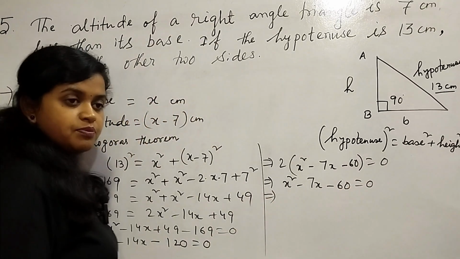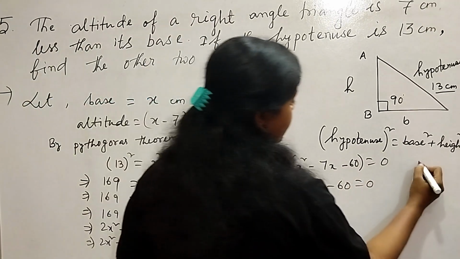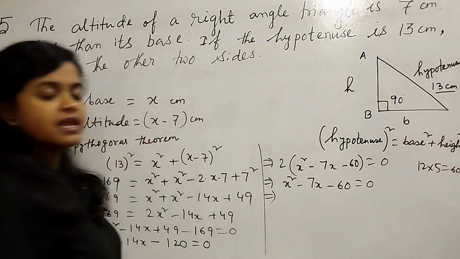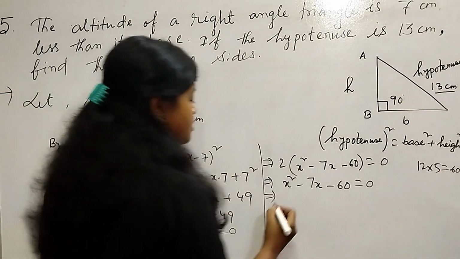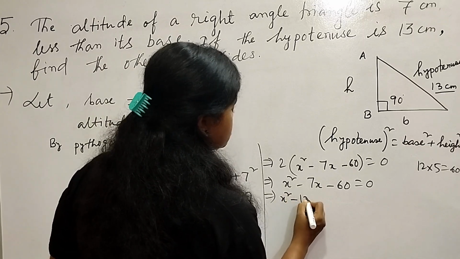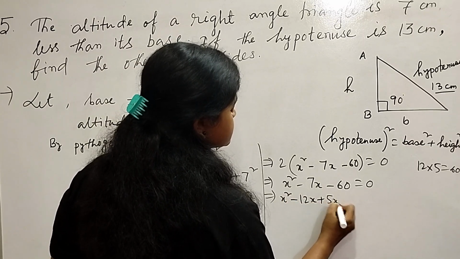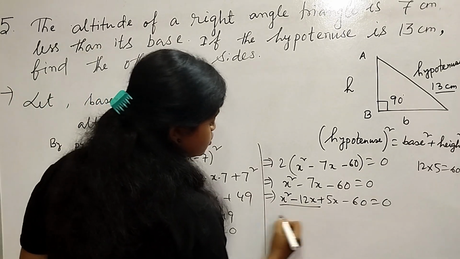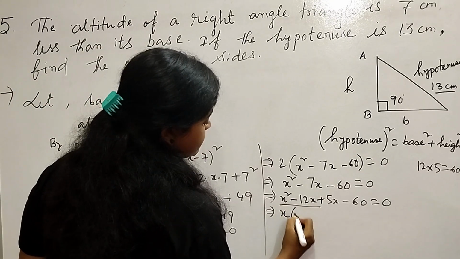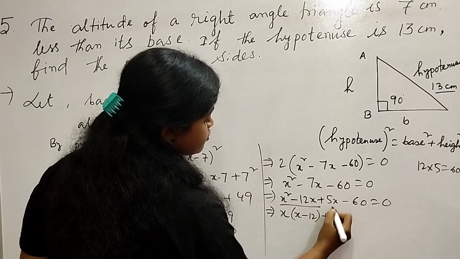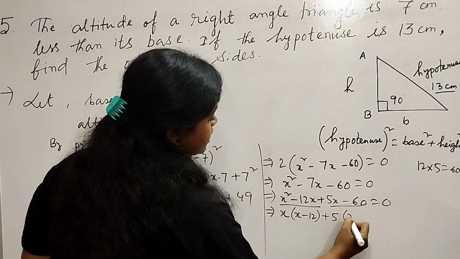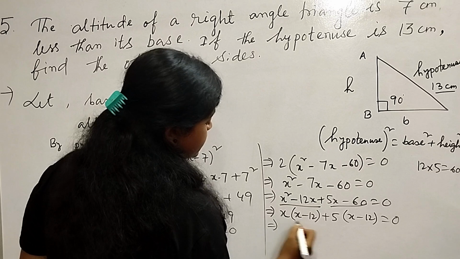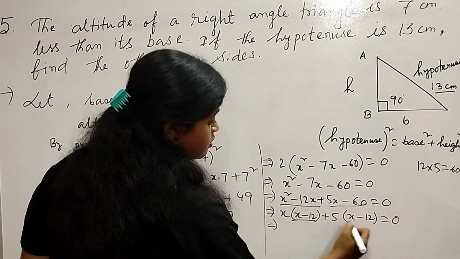So 60 you can break into 12 times 5 is 60, and 12 minus 5 becomes 7. So we can write x square minus 12x plus 5x minus 60 equals 0. From these two terms we take x common: x into x minus 12, and from the other two terms we get 5 into x minus 12. Then x minus 12 will be common.